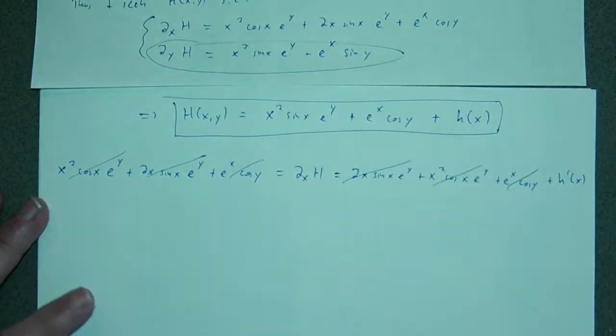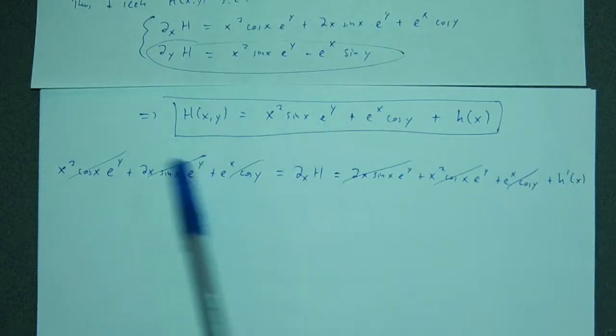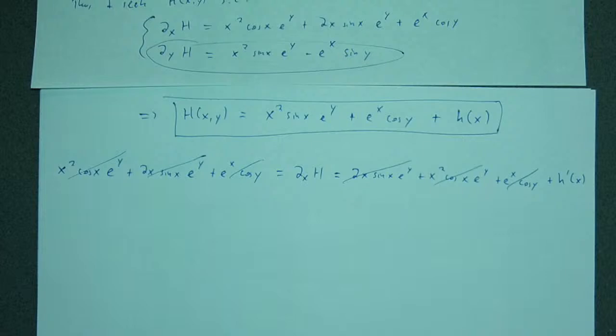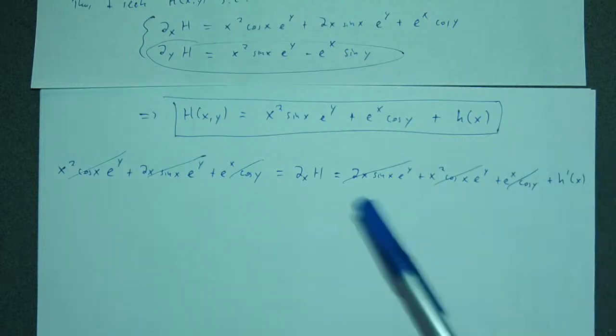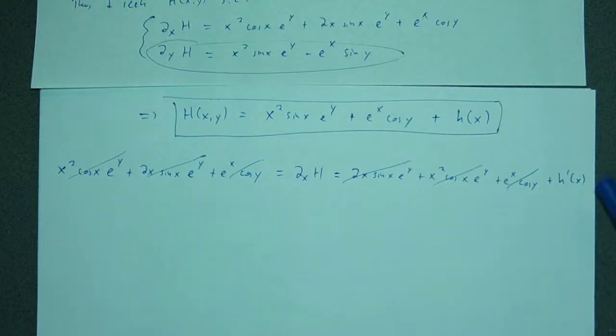Now, if you believe what I told you before, you would know that all of these had to cancel at this step. Why? Because all of these things involve both x and y. I've told you that if you've done everything correctly, then the algebra at this step should work out in such a way that what you should end up with is an equation that only depends on x, in this case.